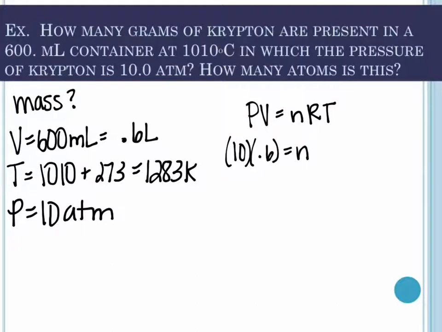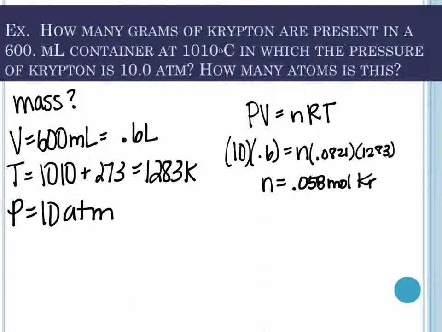N is what we're looking for. R, which R do we use? 0.0821. And my temperature is 1283. So we solve for N, and how many moles do we get? 0.058 moles of krypton.